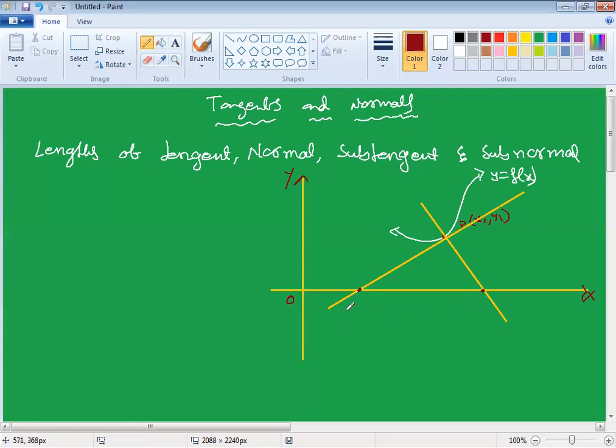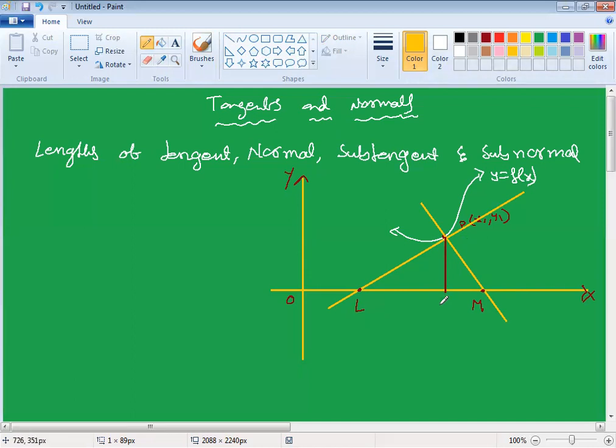Okay, and I'm taking this as some L and this as some M. Now what I am doing, I am drawing a perpendicular line from this point to the x-axis. This is a perpendicular line from the point where you drew the tangent and normal.